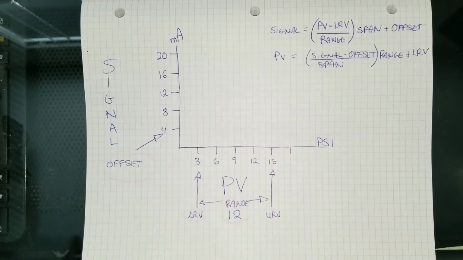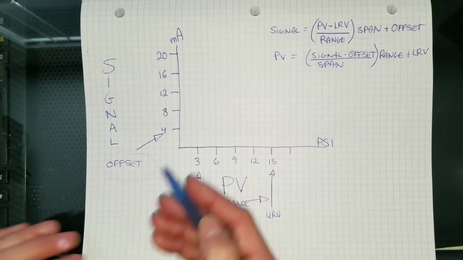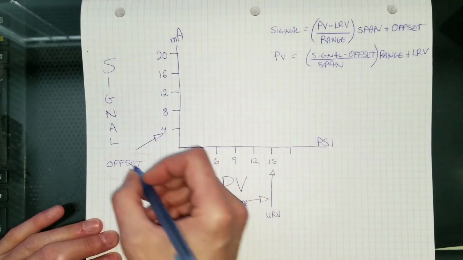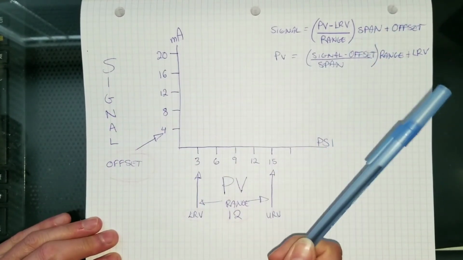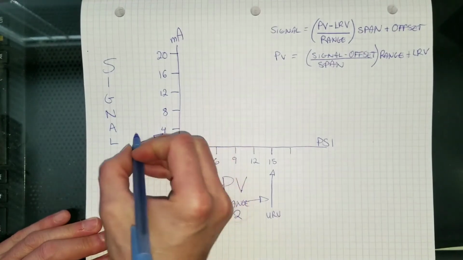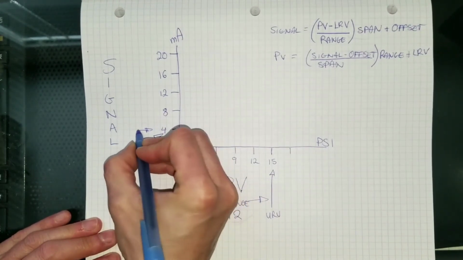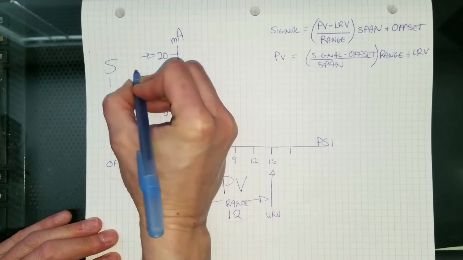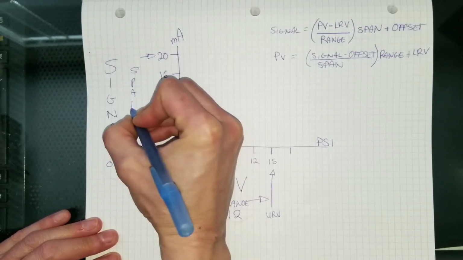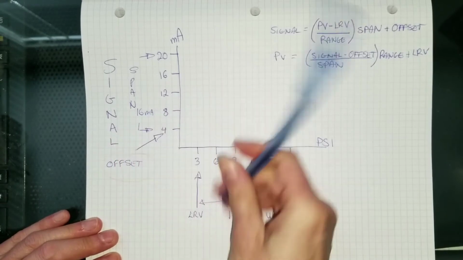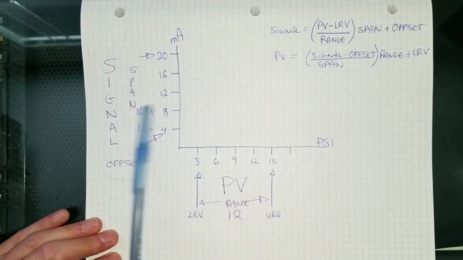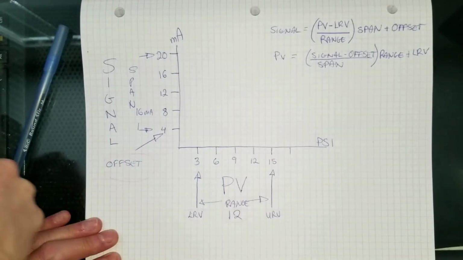So on our signal side, the span is going to be the difference between the lowest and highest numbers in the control system. That's what we're talking about here. Not the instrument span, but the span of our signal. So here we go. What's our span of our signal? This would be the span. Our span is 16 milliamps, because between 20 milliamps and 4 milliamps, we have 16 milliamps.